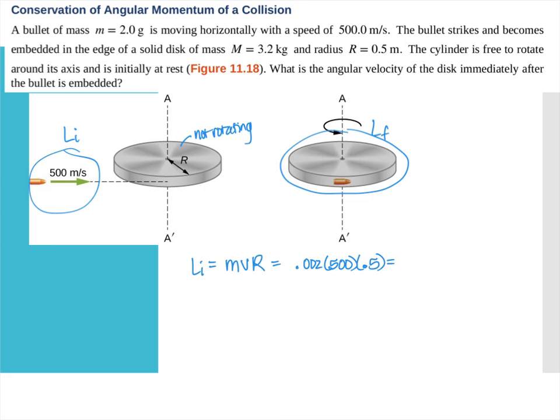So that initial angular momentum is, I didn't write it down. It's just 0.5. Now, the final moment of inertia is the moment of inertia of the disk plus the moment of inertia of the bullet.